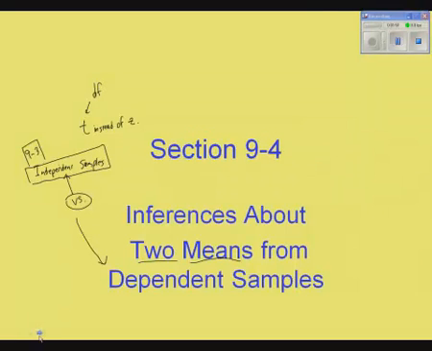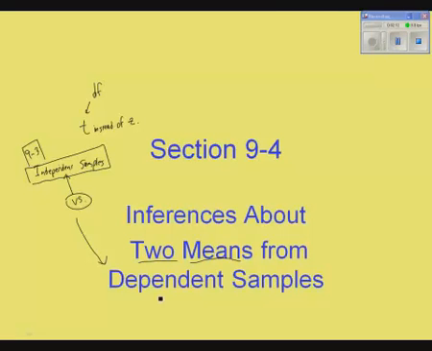Okay. So today we're going to talk about dependent samples. And when I say that, or when the book says that, they're kind of lying a little bit. They are going to show you dependent samples, but they're going to show you a very specific type of dependent sample.